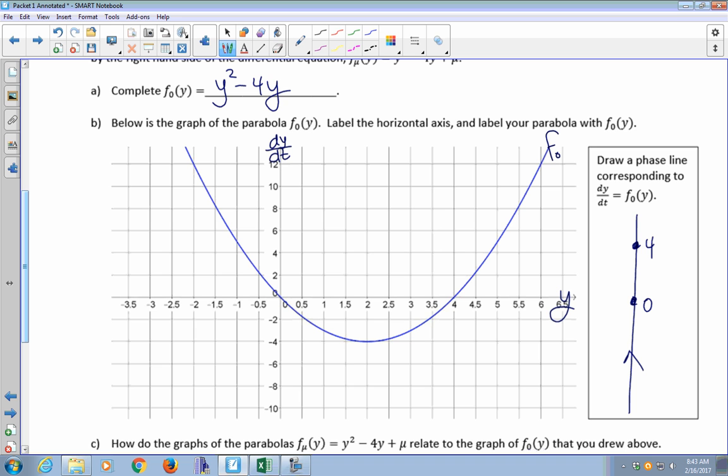Between 0 and 4, the parabola lies below the axis, it's all negative, so my arrow on the phase line points down, because my derivative is negative, meaning the solution is decreasing. And then after 4, positive, so my arrow points up. So there's my phase line.